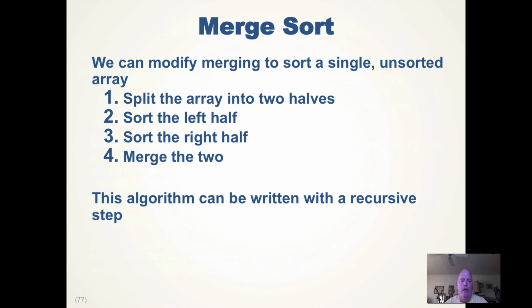We can then apply recursion to the sorting of the left side by dividing it in half, and continue on down until you get an array size of 1. That array is sorted because there's only one item, and then you can merge that sorted array with the other side and you will sort the entire unsorted array.